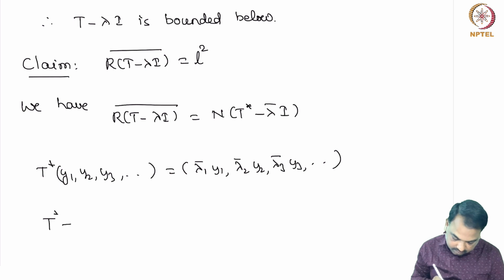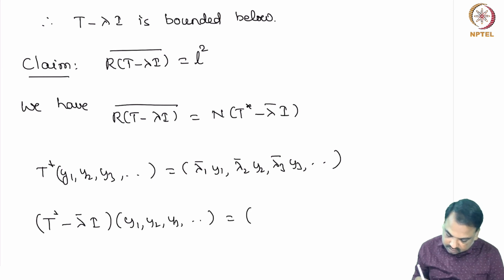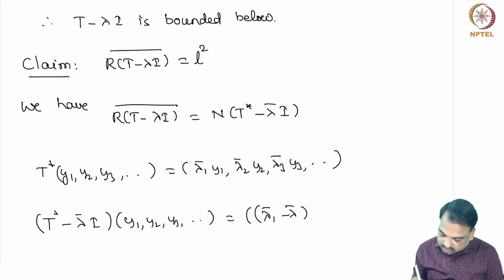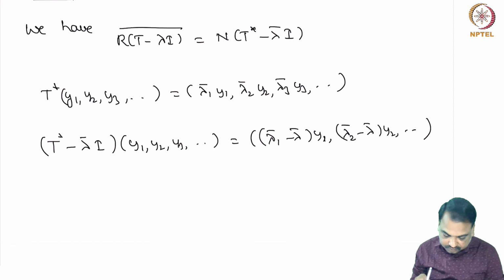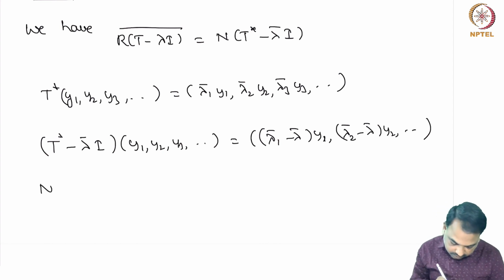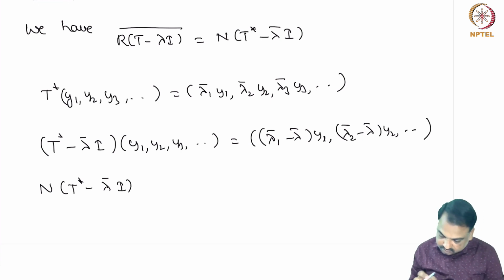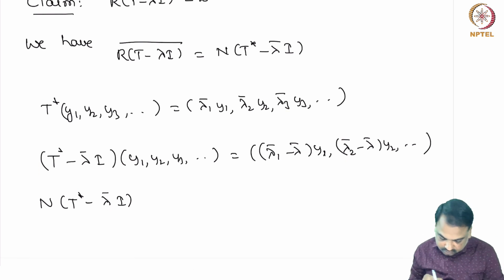Now T star minus lambda bar I at this (y1, y2, y3, ...) is (lambda_1 bar minus lambda bar) y1, comma, (lambda_2 bar minus lambda bar) y2, and so on. Now we can show that the null space of T star minus lambda bar I is 0.